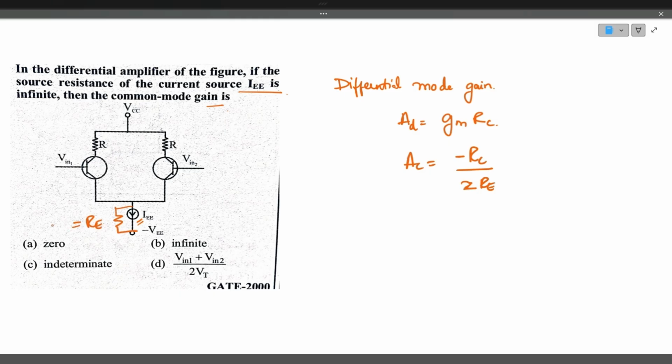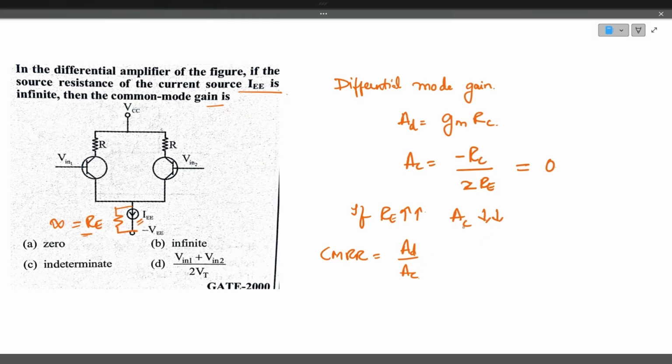He is giving this as an infinite value. Emitter resistance is infinite. So if emitter resistance is infinite, the common mode gain will be 0. So if RE increases, emitter resistance increases, the common mode gain will reduce. The common mode rejection ratio, CMRR, is the ratio of differential mode gain and common mode gain.